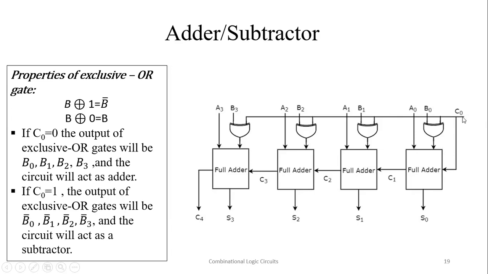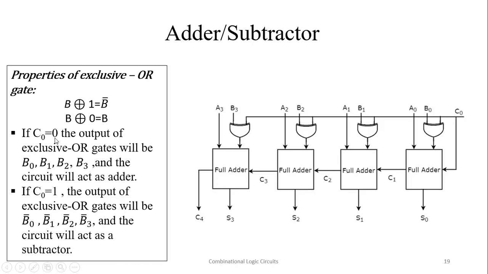So we will get addition. Using this line, if we want to use this circuit as an adder, we make this line 0, and if we want to use this circuit as a subtractor, we make C0 1. So C0 is used to make this circuit a subtractor or an adder.